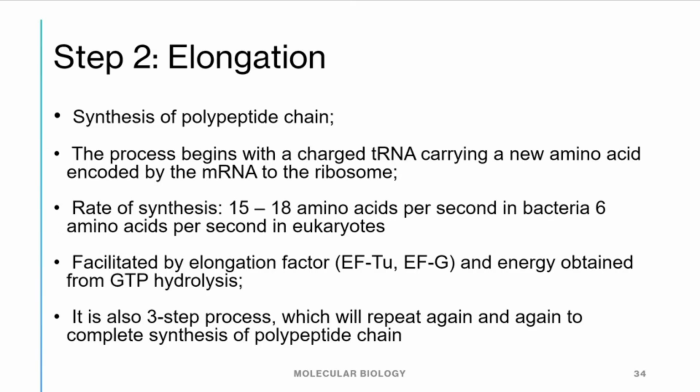Only if the charged tRNA has the correct anticodon will it be able to stay inside the ribosome and have its amino acid incorporated into the protein sequence. It's a fairly fast process, 15 to 18 amino acids per second in prokaryotes and about 6 amino acids per second in eukaryotes.